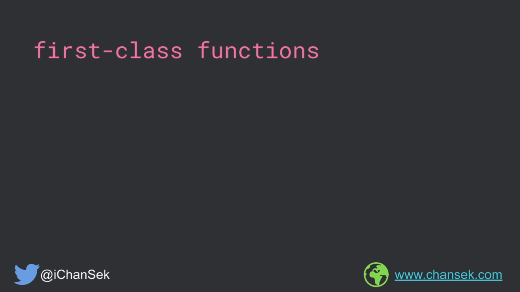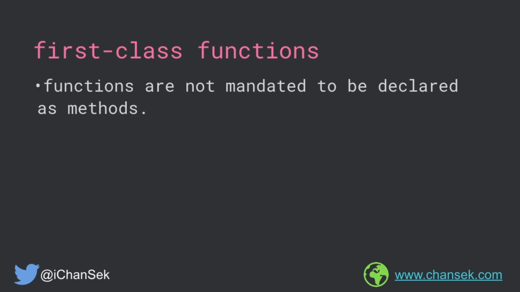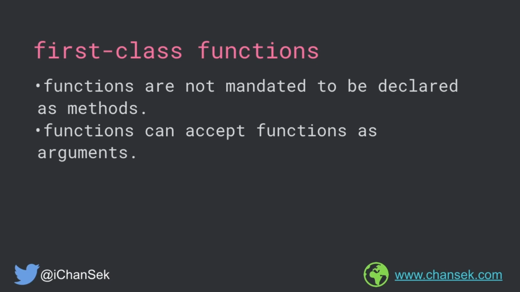Any function which has the below properties can be called a first-class function. So let's go through those properties one by one. Functions that are not mandated to be declared as methods. If you are not forced to wrap a function around a class, it is treated as a first-class function. Any function that accepts another function as an argument can also be called a first-class function.